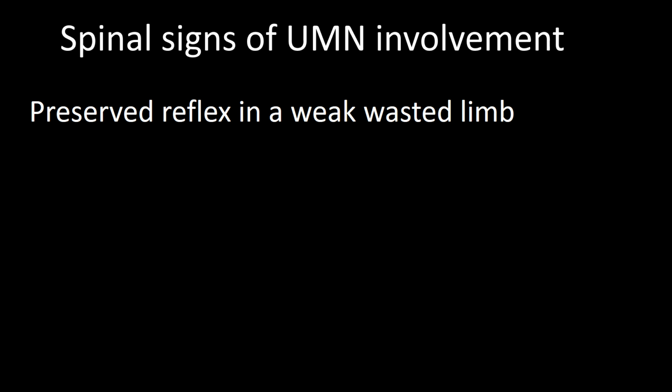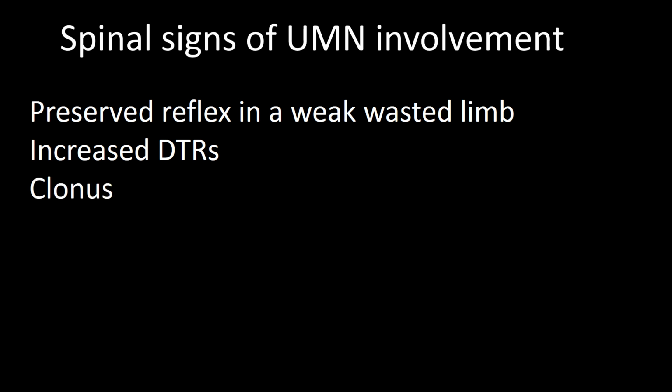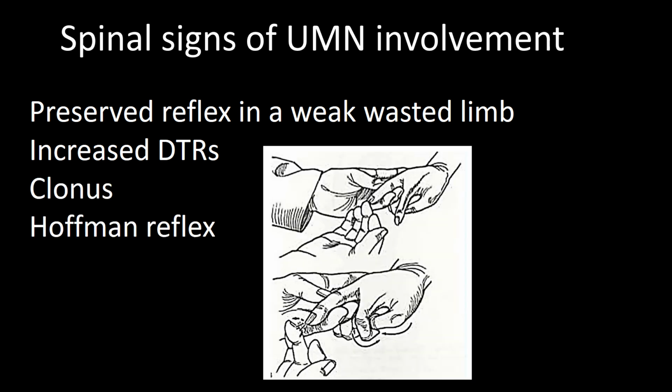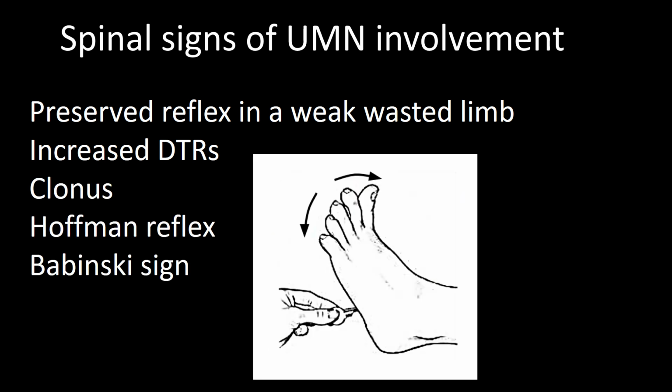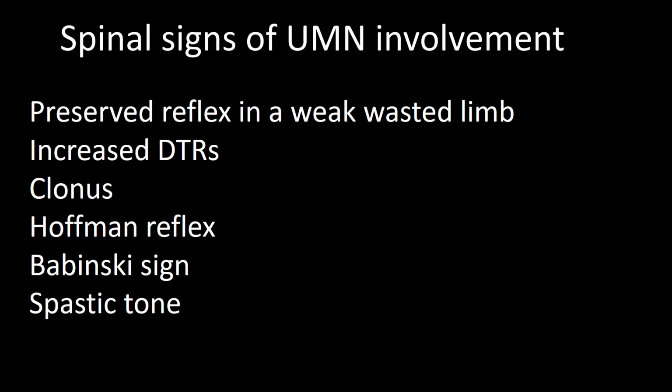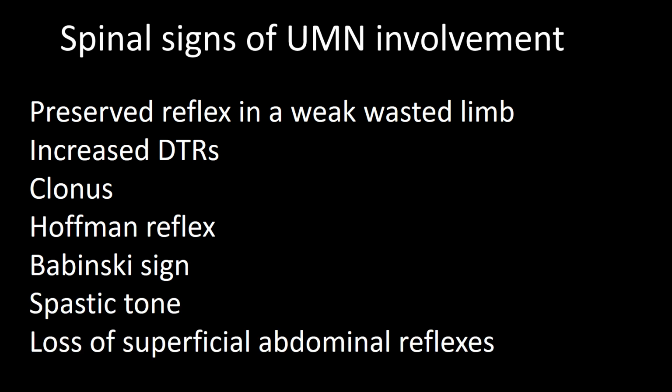Spinal signs of upper motor neuron involvement are preserved reflex in a weak wasted muscle, increased DTRs, clonus, Hoffman reflex, Babinski sign, spastic tone, and loss of superficial abdominal reflexes.